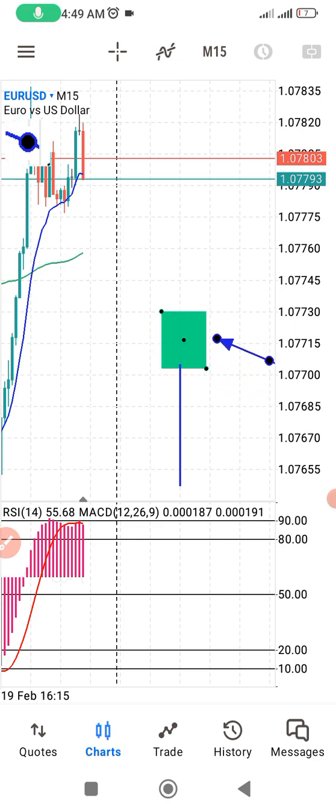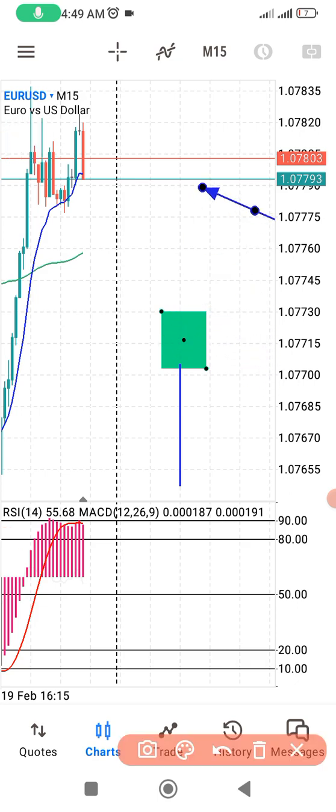So an ideal pin bar must have the wick, which is this rejection sign you are seeing, at least 2 times the body. What I'm referring to is that from here to here, this is the body, and then from here down here is the wick.